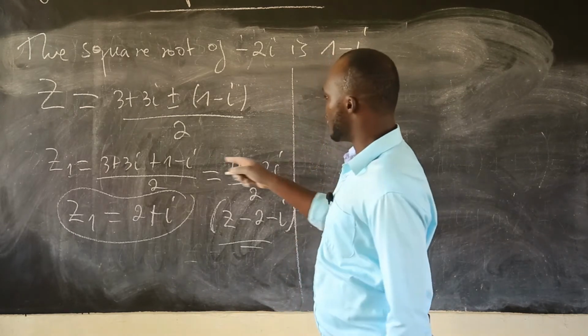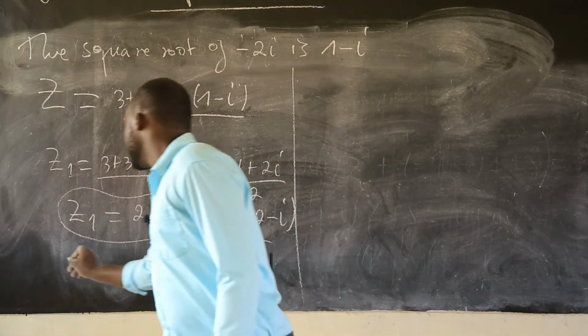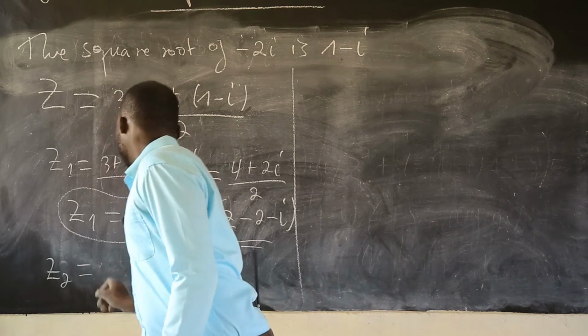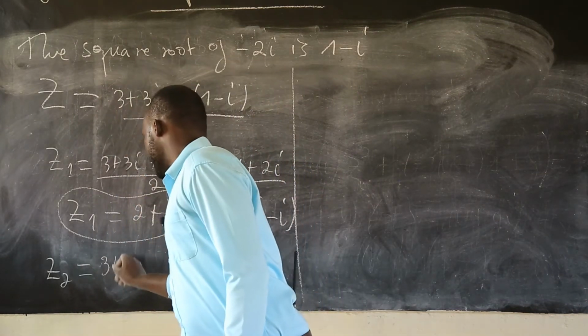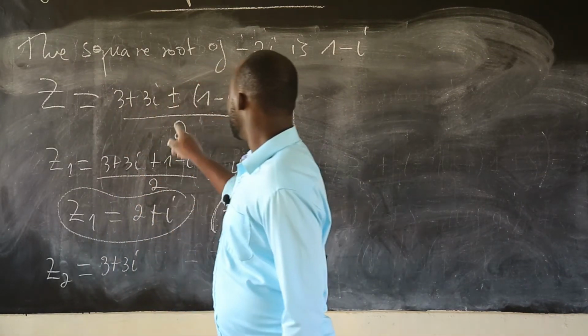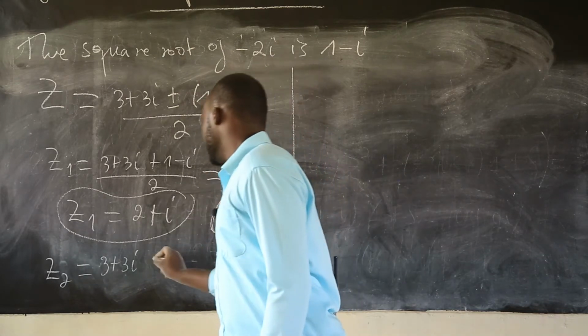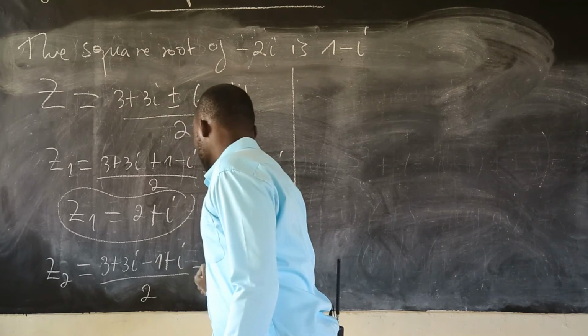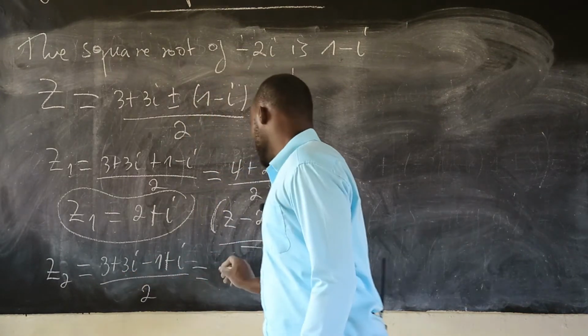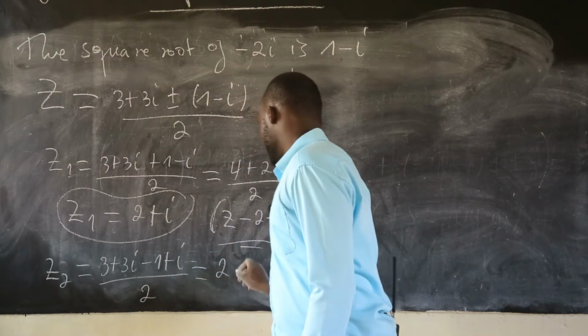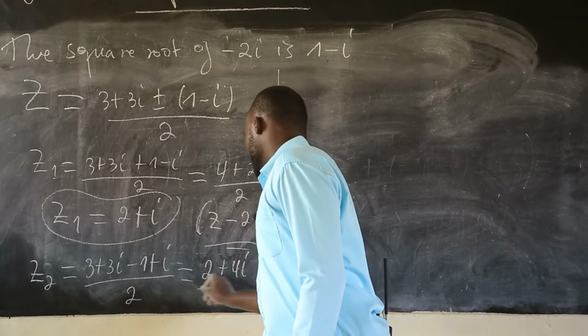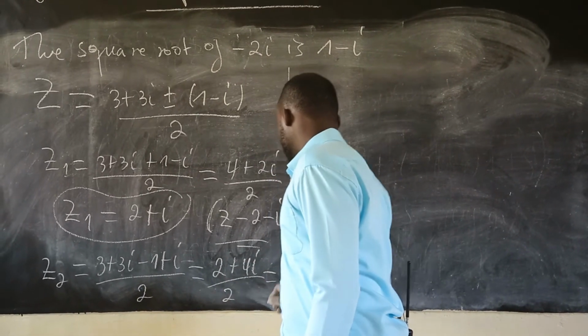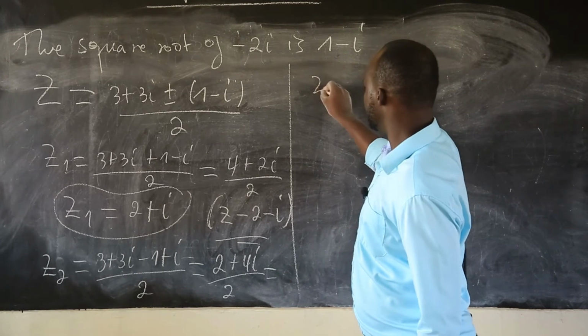So then z2 will be equal to 3 plus 3i minus 1 minus i over 2. Which is 3 minus 1, that is 2. Then plus 4i over 2. So the answer is, that's z2.